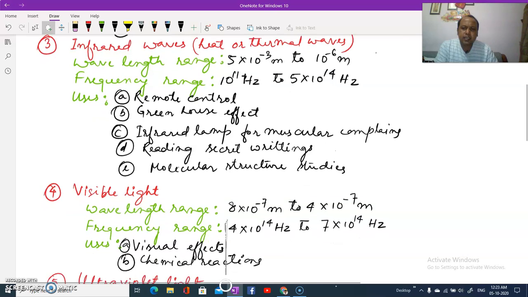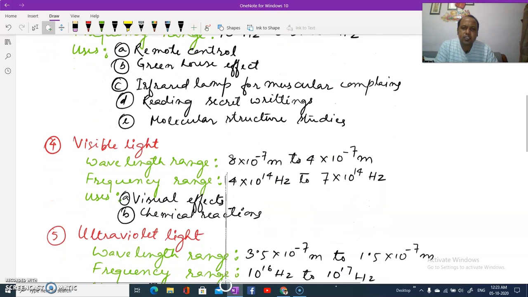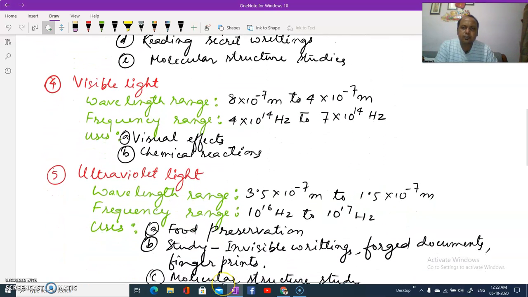Now next comes the visible range. Visible light has 7 colors, VIBGYOR, starting from violet, indigo, blue, green, yellow, orange and red. For all these 7 colors, the wavelength range is from 4 into 10 raised to the power minus 7 meter to 8 into 10 raised to the power minus 7 meter.